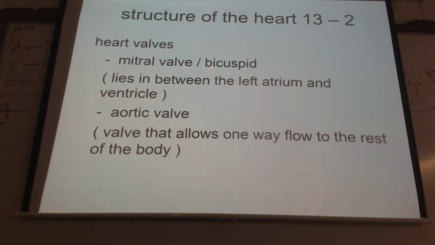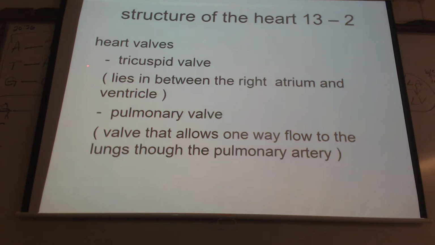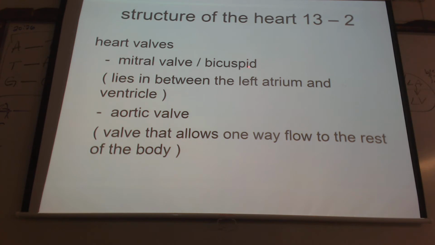Because if we use the term bicuspid, what letter is missing out of here that's present in this one? So look at tricuspid, and then what letter is missing in here? Kind of like a word search or letter search. Okay?